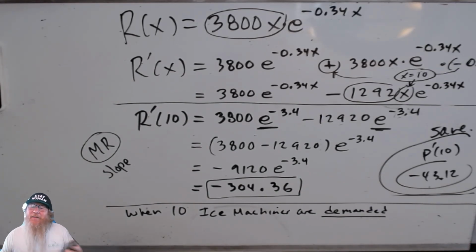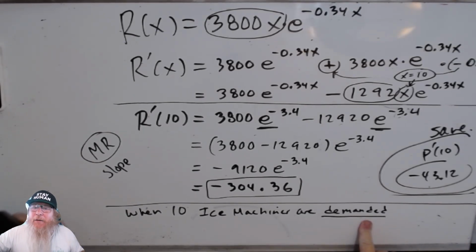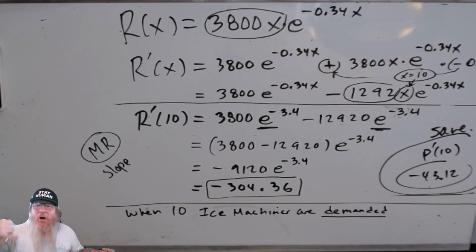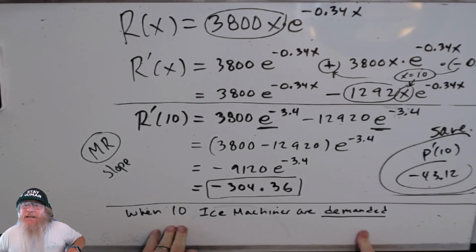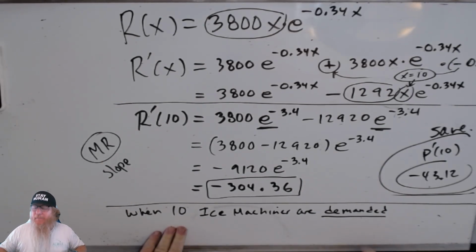I guess you could say they've been sold too, but why were they sold? They were sold because they were demanded, right? So in other words, you can think of it like somebody called and said, hey, I need 10 ice machines. I demand 10 ice machines. So they're demanding, or the customers are demanding 10 ice machines. They're not all necessarily being sold to the same person.